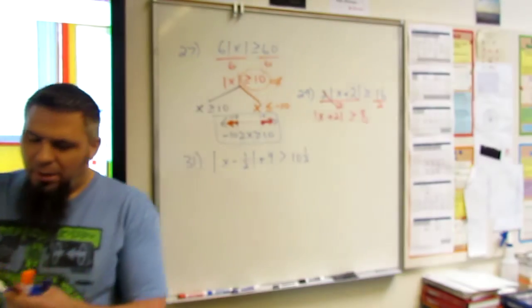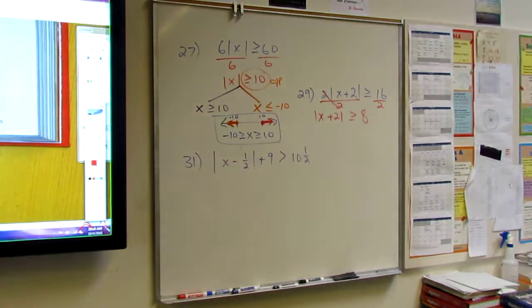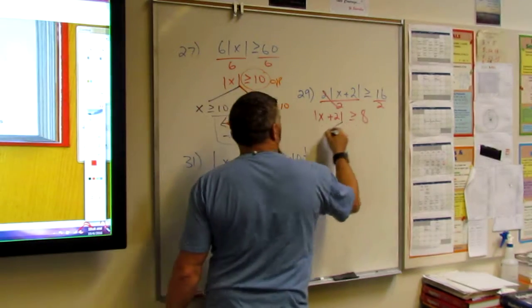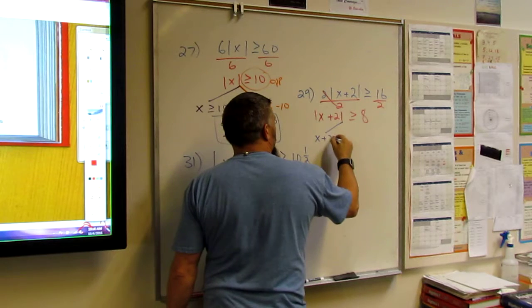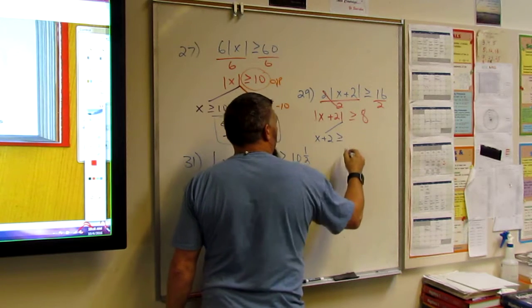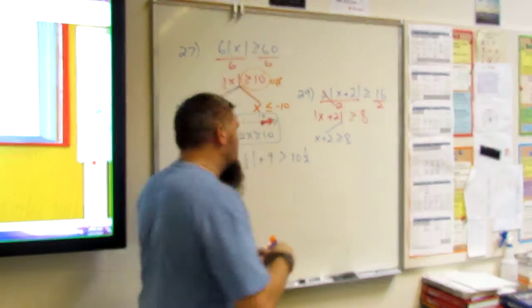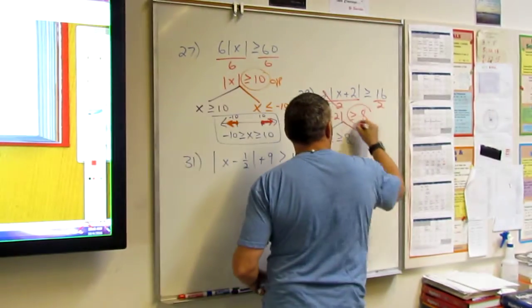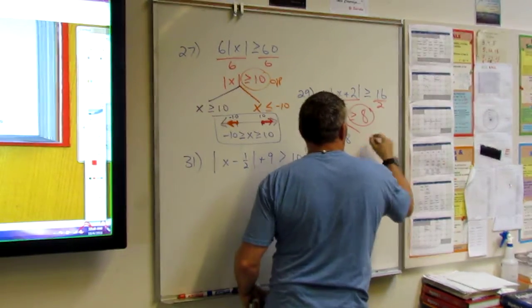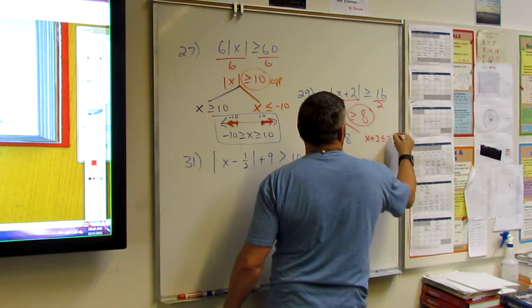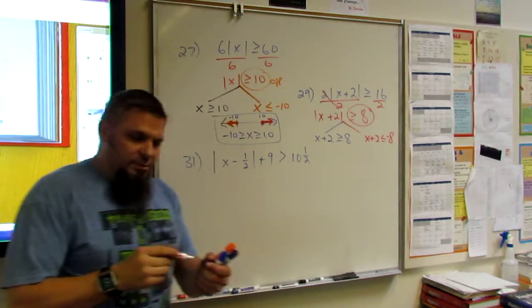Right? And now what can I do? X plus 2 greater than 8. These are opposite. X plus 2 less than or equal to -8.